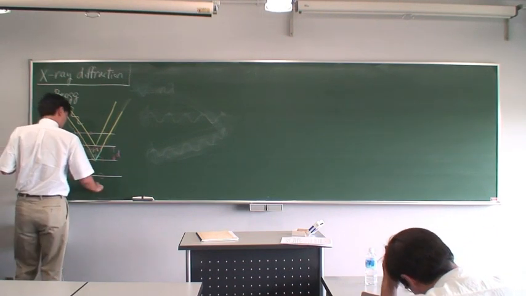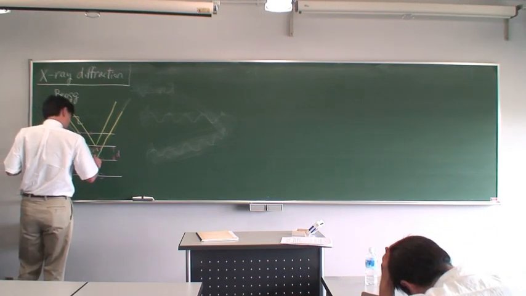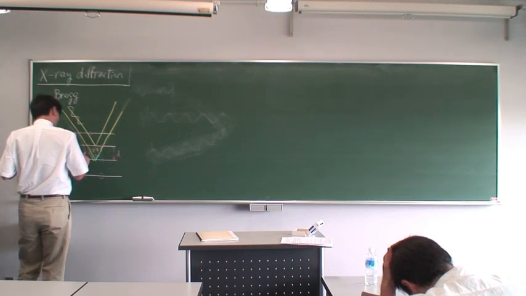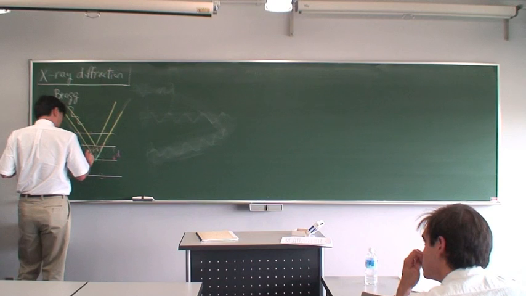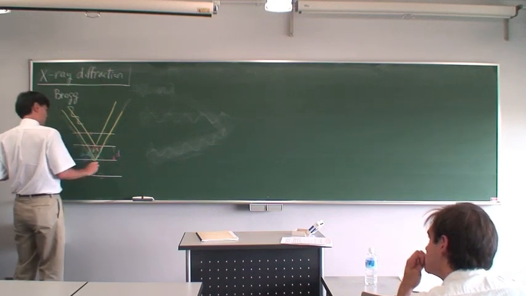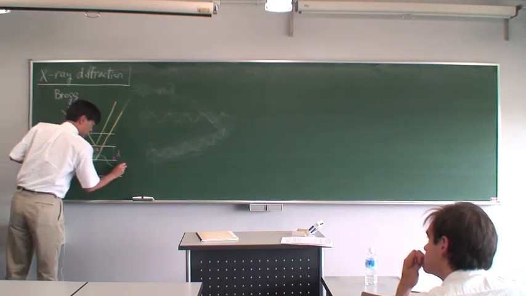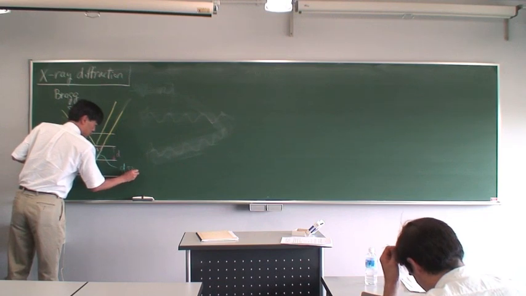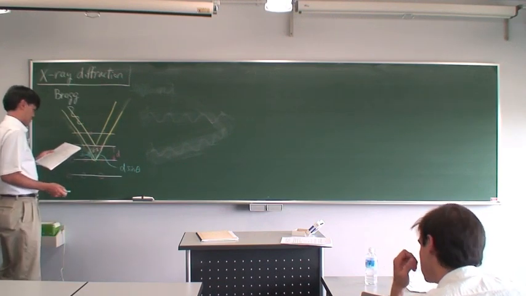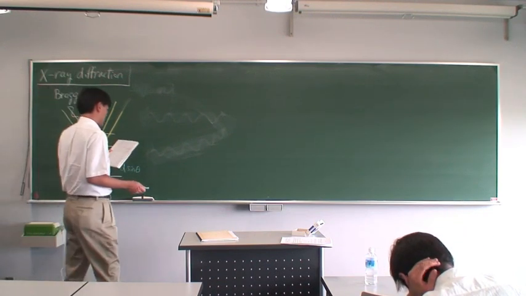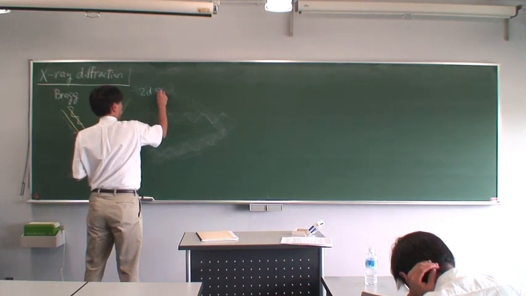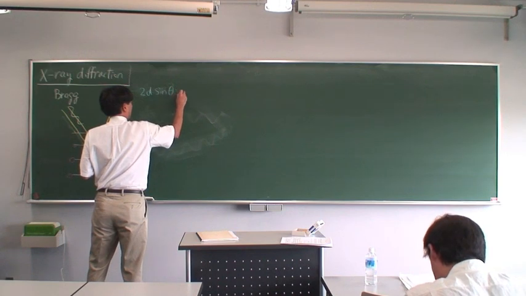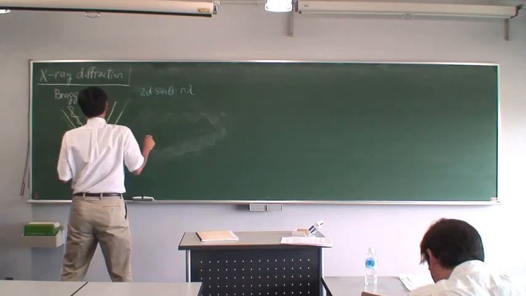Then this part becomes d sine theta. This is also d sine theta. So eventually what we get is 2d sine theta should be n lambda.